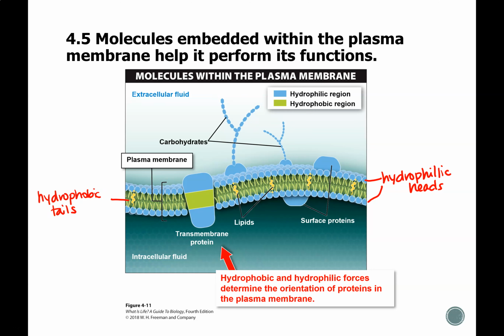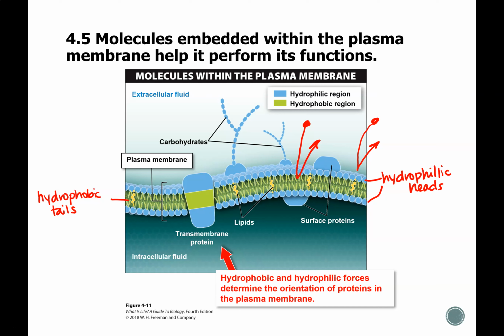Now this is important because any molecule that is itself hydrophobic is going to try to get in and it's going to be repelled. It's not going to be able to just push its way through. But any molecule that is hydrophilic might try to get through, but it's going to be repelled by the hydrophobic tails. And so this keeps things from just coming in willy-nilly, moving out all on its own.